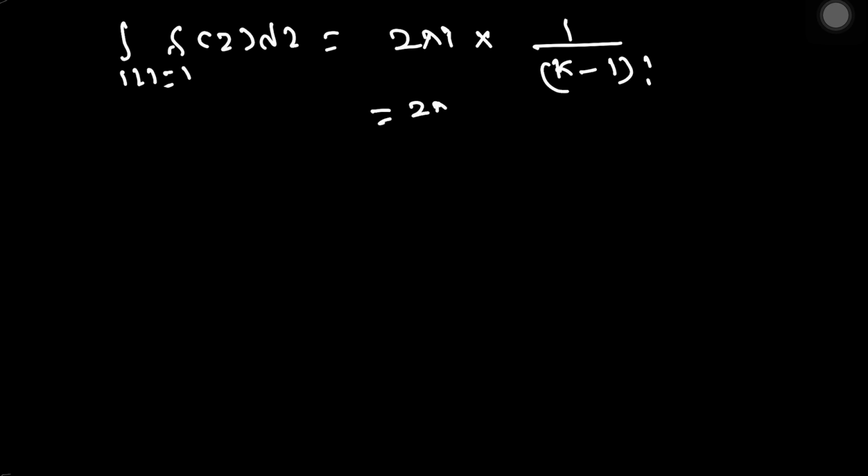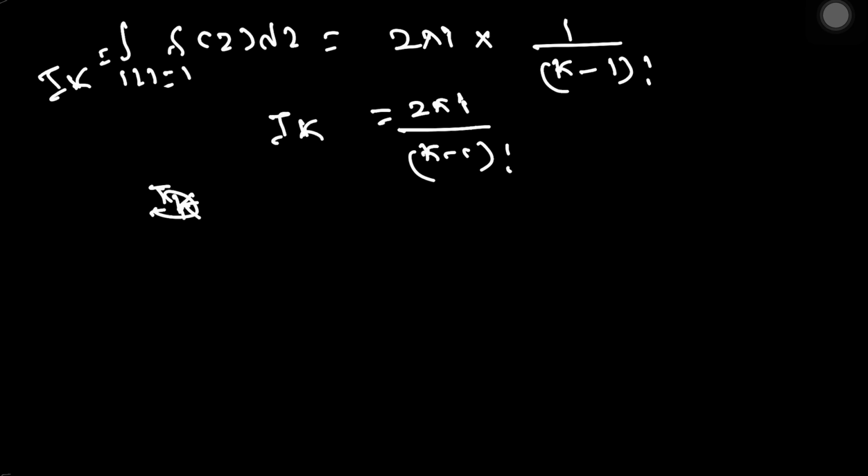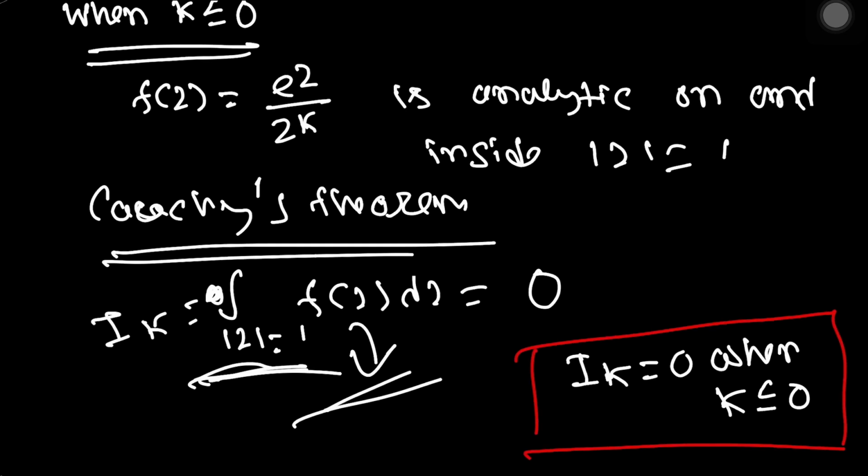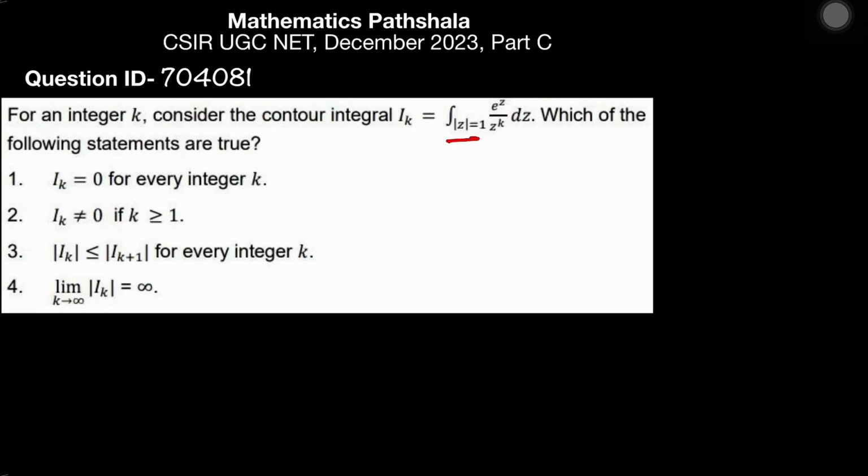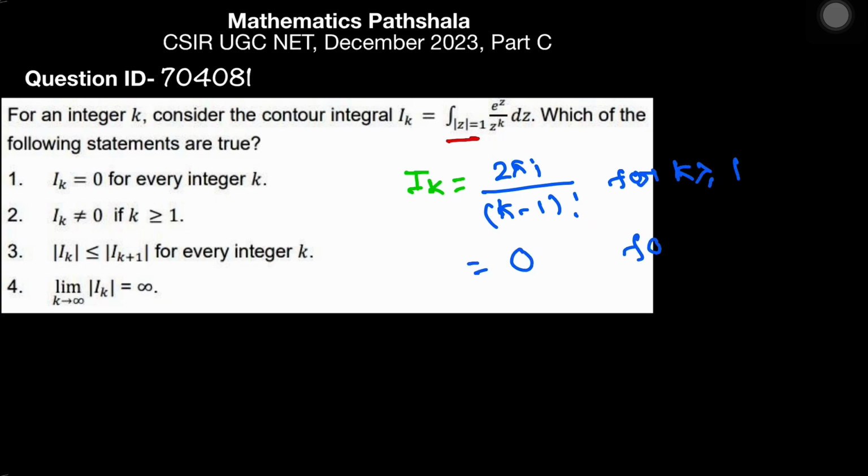So we get 2πi by (k minus 1) factorial, that is I_k. So I_k equals 2πi by (k minus 1) factorial for k greater than or equal to 1, and 0 for k less than or equal to 0.